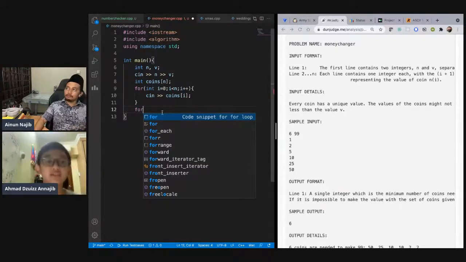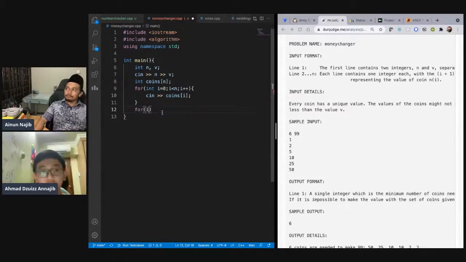From 1 until 99. Okay, int i equals 1, i smaller than v plus 1, i plus plus.